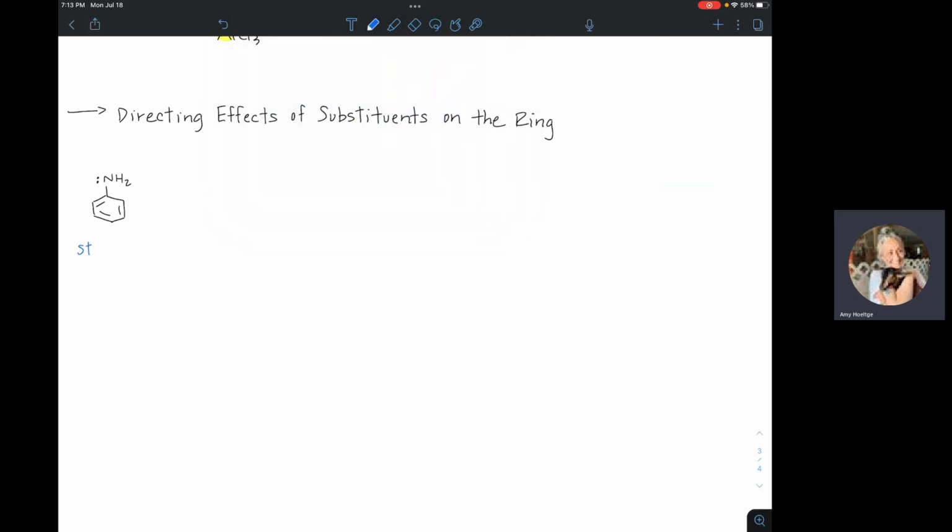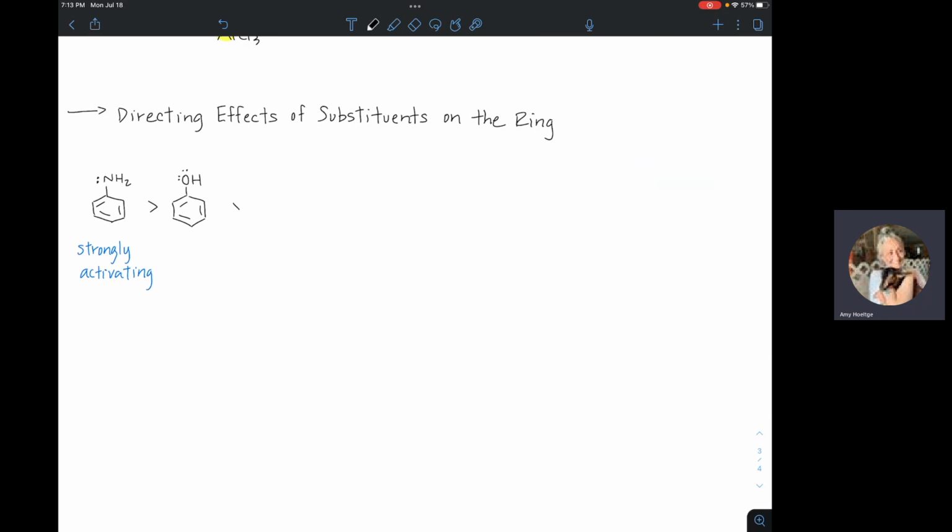This is going to be strongly activating. So the nitrogen is going to be less electronegative than oxygen. The oxygen also has a lone pair of electrons, but since it's more electronegative than nitrogen, it'll be activating, but not as strongly activating as if we had an amino group up there. We are sort of showering electron density through resonance into the aromatic ring and activating it toward attacking some electrophile.